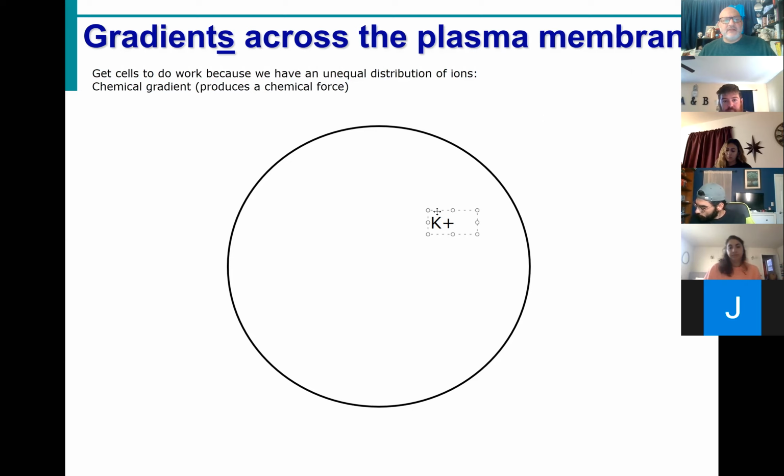Outside the cell. Give me another one. Chloride. Yep, where was there more of that? Outside. Excellent, more chloride ions outside the cell. And what was the fourth one? Calcium. Where was there more calcium? Outside. Excellent. So we did that.